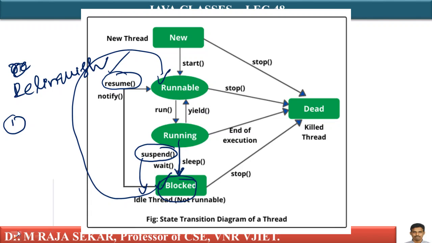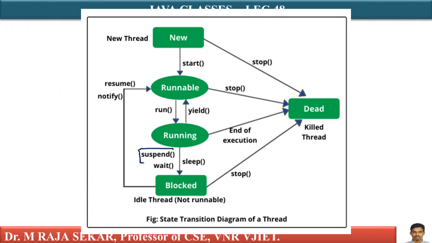One must understand these things. Suspend method is used to move from running state to blocked state. Resume method is used to send a thread from blocked state to runnable state.